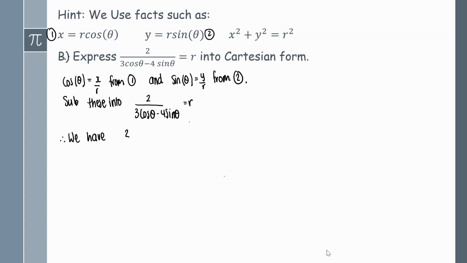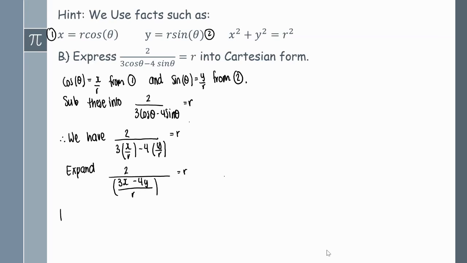So we'll have 2 over 3 cos theta is just x on r, minus 4 sine theta is y on r. And on the right-hand side, I still have r. Now let's expand, and hopefully something will happen with the r's. So this really becomes 2 over 3x minus 4y.